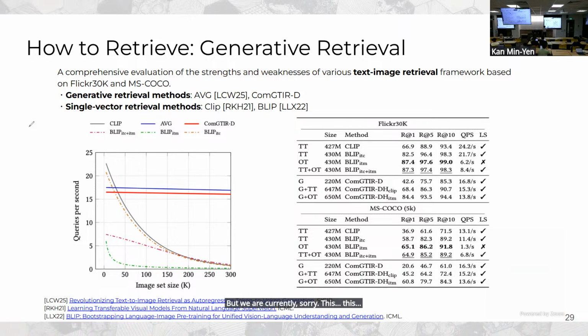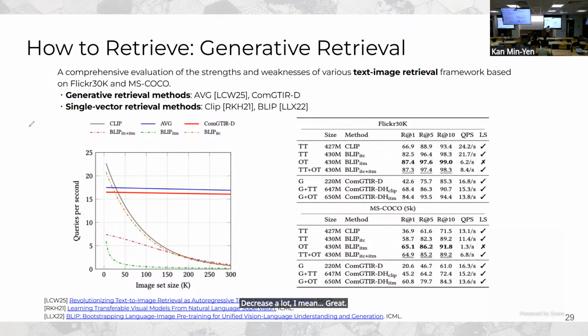The other four lines correspond to the traditional retrieval methods. For the figure on the left-hand side, we want to show the efficiency. As we can see, with the increase of the number of documents, the generative retrieval method has a constant response time. But for the traditional retrieval methods, the efficiency decreases a lot, quickly.